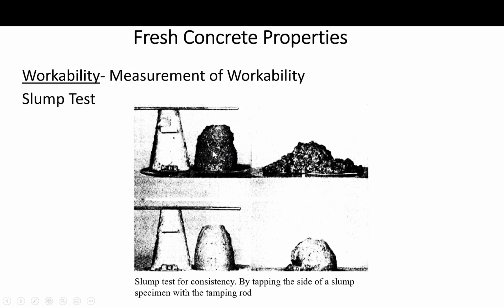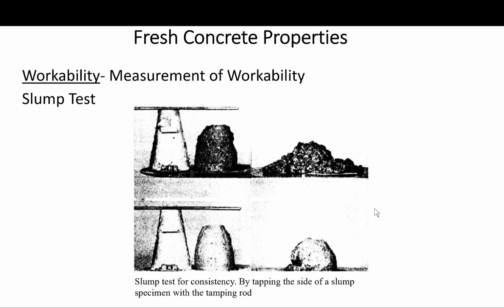Here is the slumped concrete after the cone has been lifted, and the measure is almost the same. If each of the top and bottom are tamped lightly on their side with the rod, see what happens to this one and to that one.